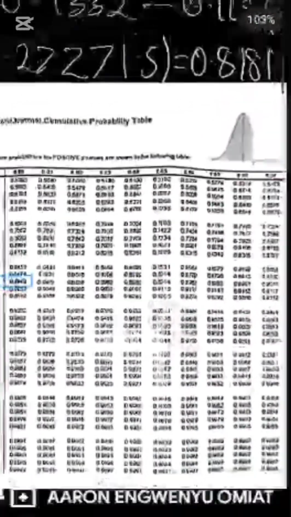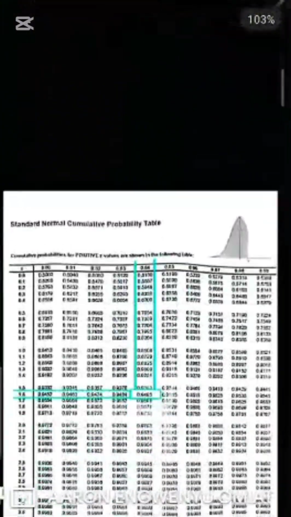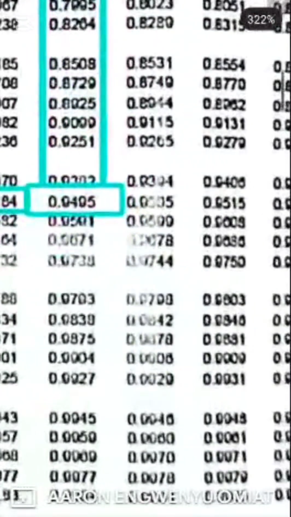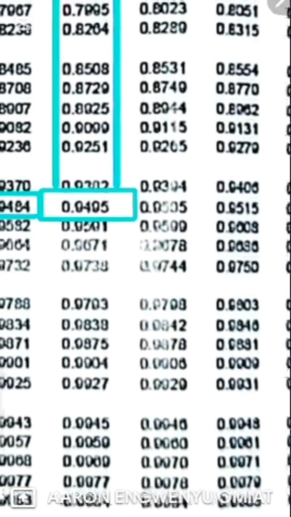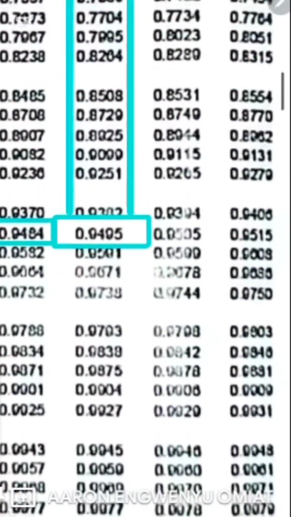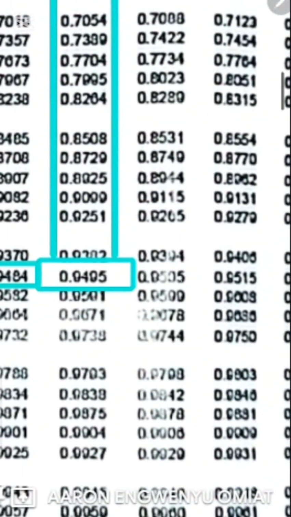So now to read the value. There are two values. 0.95 lies between 0.9495 and 0.9505.